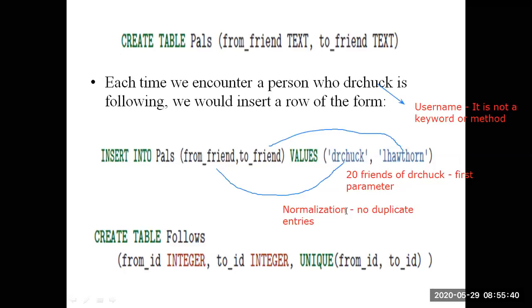So I should create the table in some way that the same string is not repeated in my database more than once. I should make sure that no data is repeated in my database more than once.